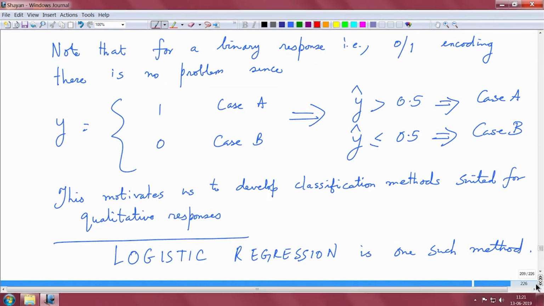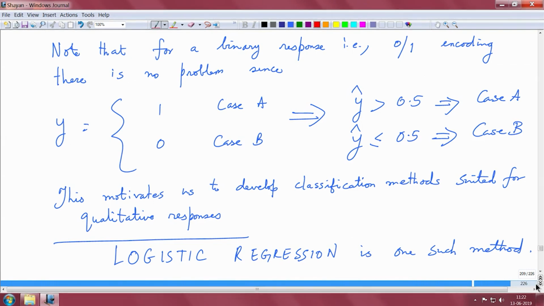Now, if we think about binary responses using 0, 1 encoding, there is no problem, because if you interpret the quantitative response variable y to be 1 for case A, 0 for case B, then if y hat is greater than 0.5 we say it is case A, and if it is less than or equal to 0.5 we interpret it to be case B. Therefore, we have a problem if the responses are more than 2; we can have ternary or quaternary responses, for which we need to develop suitable classification methods.